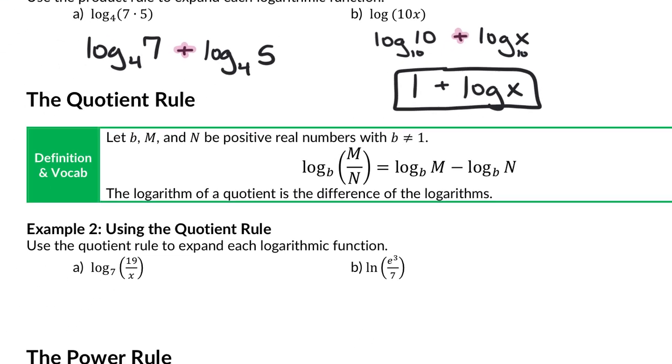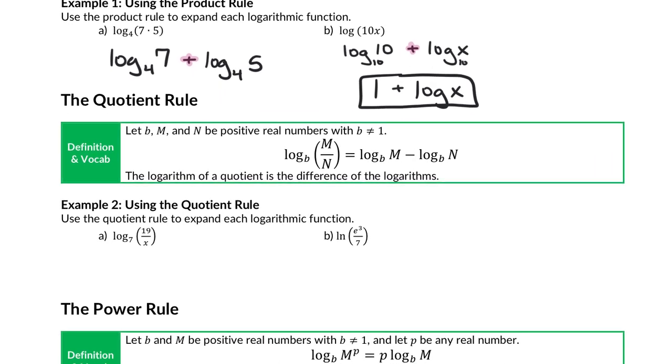The second rule for today is called the quotient rule. The quotient rule happens when we are dividing inside a logarithm. What is this rule saying I do with these logarithms to separate them? I subtract them. So we're going to put DS right here for divide, meaning subtract.